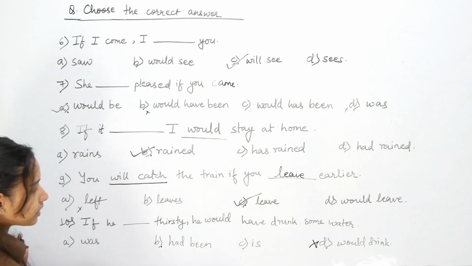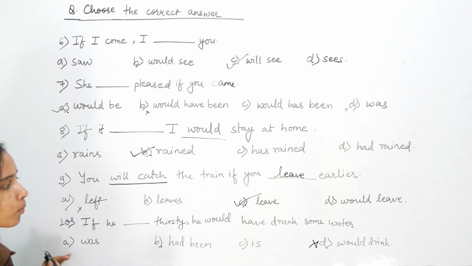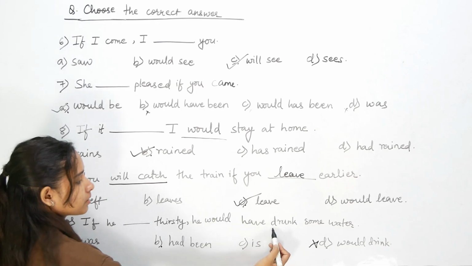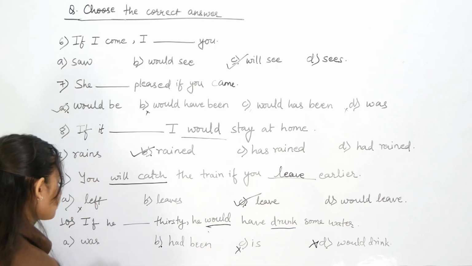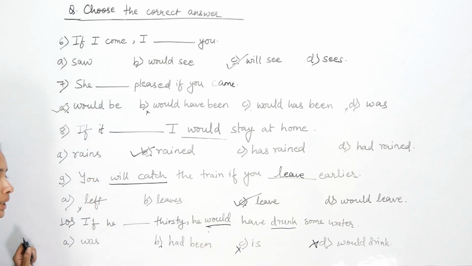If he is thirsty, he would have drunk some water. अब यहाँ चाहिँ we use like drunk, he would, so is हुँदैन. If he was thirsty, he would have drunk some water. If he had been thirsty, he would have drunk some water. So the correct answer here is, if he had been thirsty, he would have drunk some water.